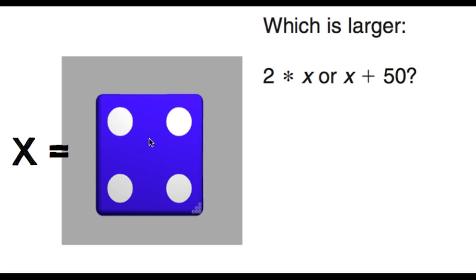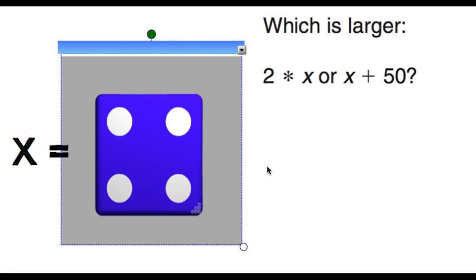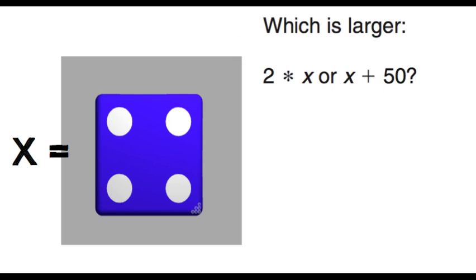If I roll this dice, or click it and roll it, it says that x equals 4. So I'm just going to write that up here, x equals 4. Now I'm going to take that value 4 and replace all the x's I see with 4. So this is now going to look like 2 times 4, or 4 plus 50?